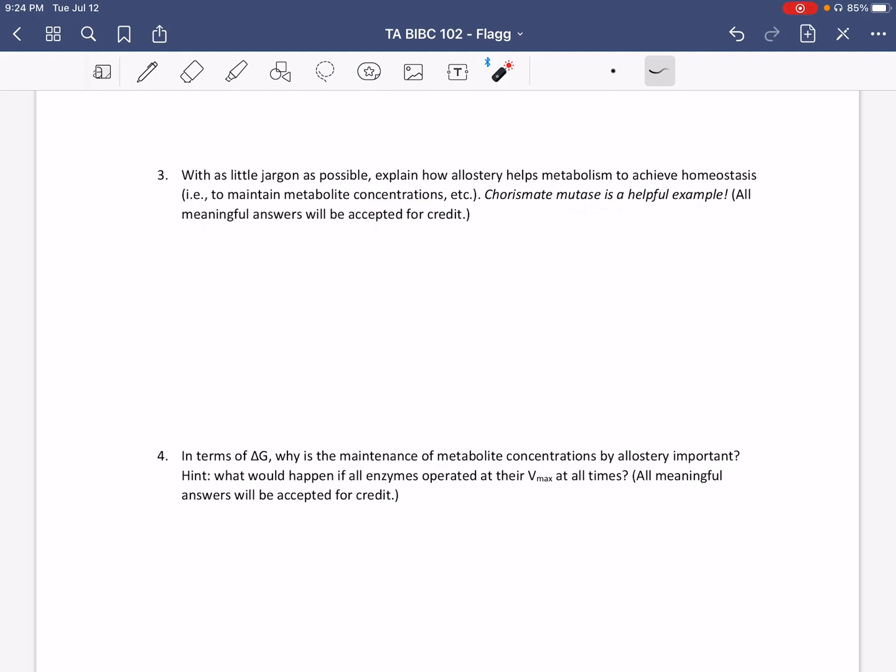So I like to think about this question by substituting homeostasis with the word regulation or regulate. Because when you do that, at least in my mind, I understand what this question is asking. It's basically asking, when there's allostery, when there's some sort of regulation taking place in metabolism, how is this better for the cell?